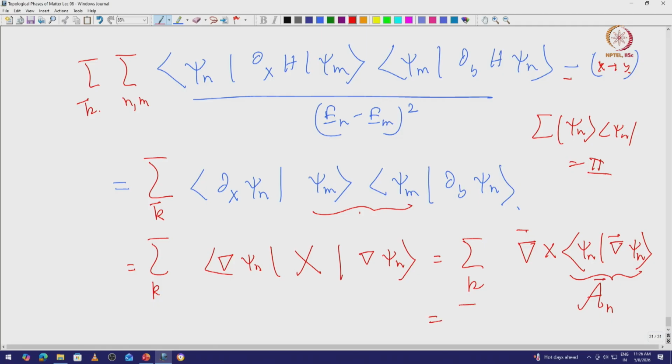So, then this will look like, and recall that this is like curvature for the nth band.